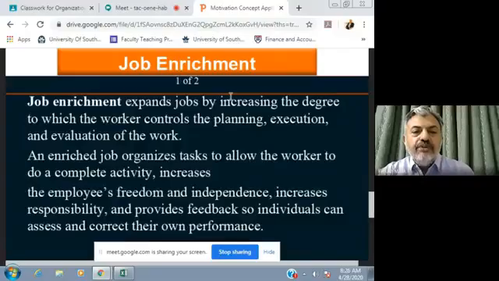So job enrichment expands jobs by increasing the degree to which the worker controls the planning, execution, and evaluation of the work. An enriched job organizes tasks to allow the worker to do a complete activity.